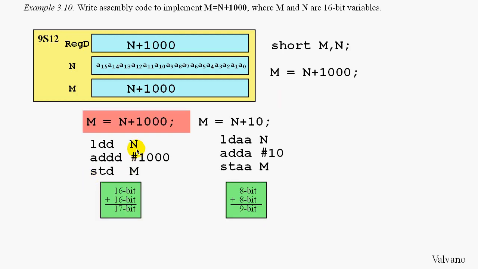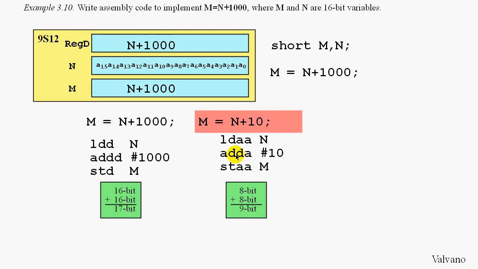Next, let's consider the difference between a 16-bit and an 8-bit operation. In this example, we knew n and m were 16 bits, but in the last example, m and n were 8 bits. Because m and n were 16 bits, we used a 16-bit register and a 16-bit addition. And we had a problem when 16 plus 16 gave us an overflow into the 17th bit.